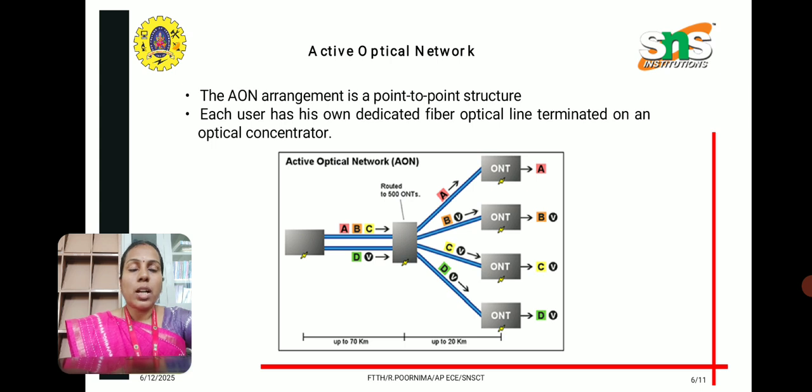It means each has its own dedicated fiber optical line terminated on an optical concentrator. It consists of routers, regenerators, amplifiers, etc. So the signal is transmitted to the user terminals directly.